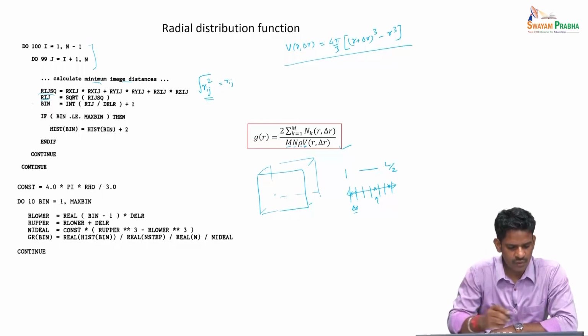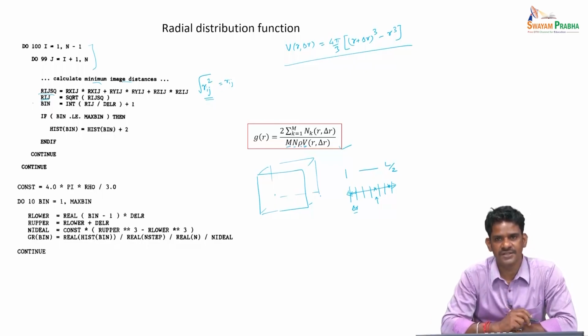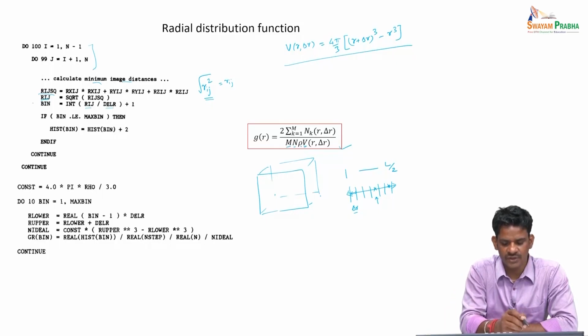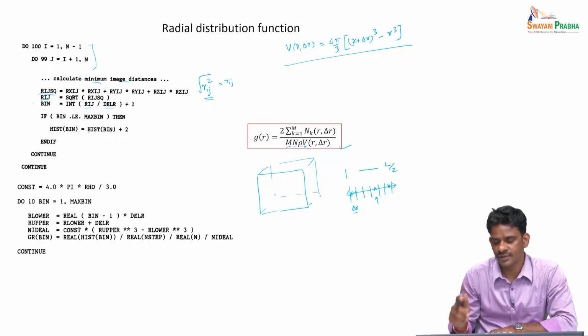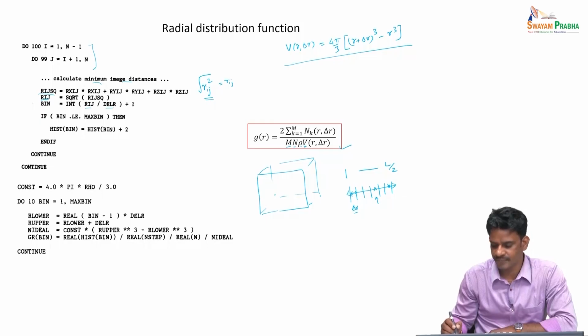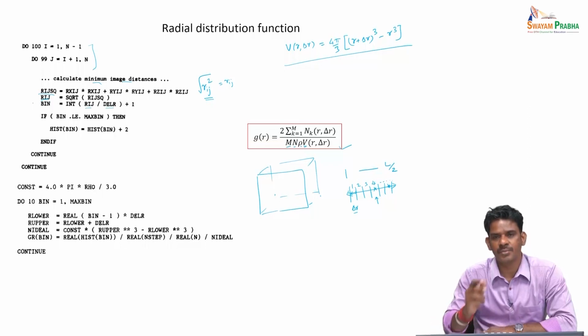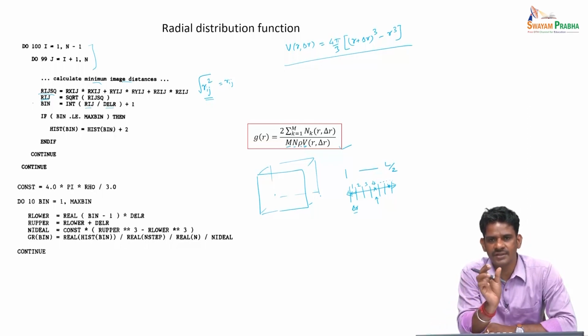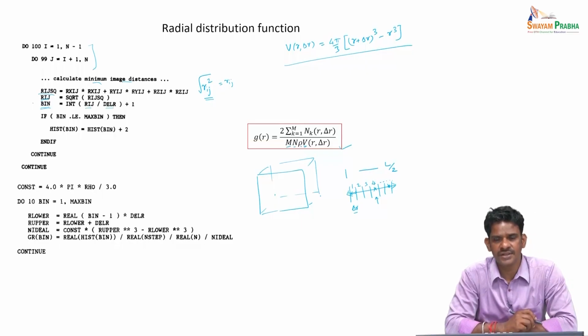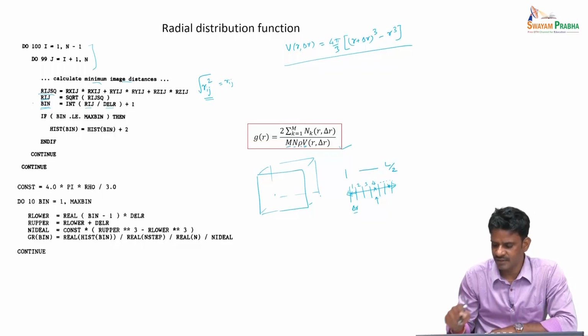Now I want to know in which bin this particular distance Rij falls. To do that, I divide Rij by delta r, where delta r is the width of the bins. When I divide Rij by delta r and make an integer out of that, that gives me the index for the bin. So this is the first bin, second bin, third bin, fourth bin, etc. Based on the separation distance and the width of the bins, we can identify which index that particular pair of particles will correspond to.